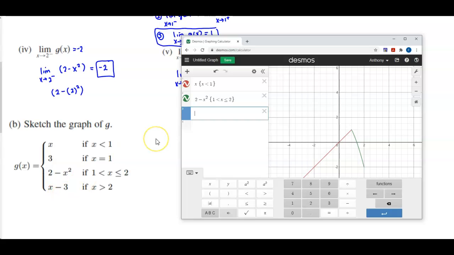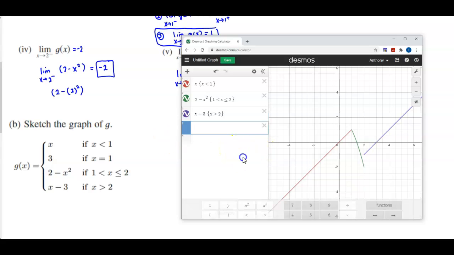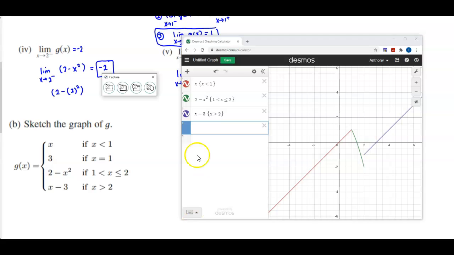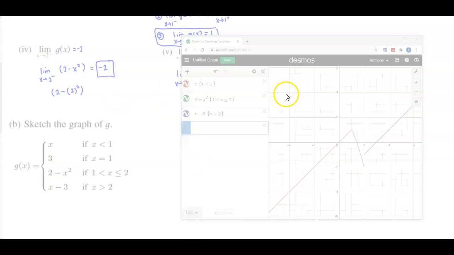And then we have our last piece here, which is x minus 3, and that means when x is greater than 2. Okay, so let's go ahead and copy that graph.